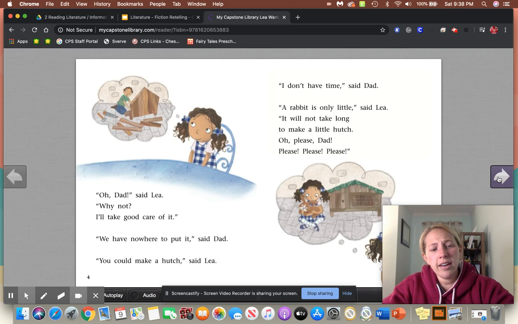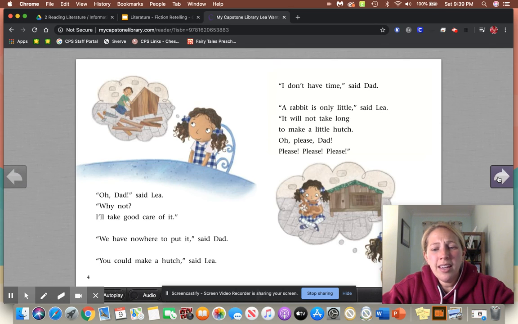I'll take good care of it. We have nowhere to put it, said Dad. You can make it a hutch. You could make a hutch, said Leah. I don't have time, said Dad. A rabbit is only little, said Leah. It will not take long to make a little hutch. Oh, please, Dad.